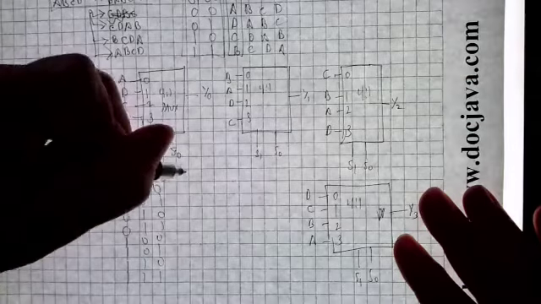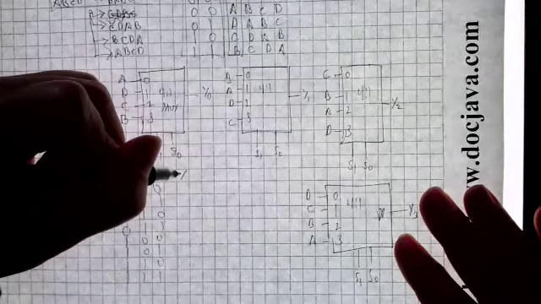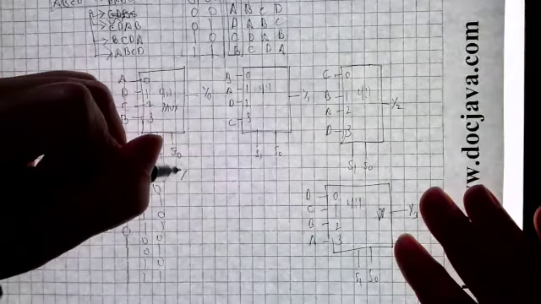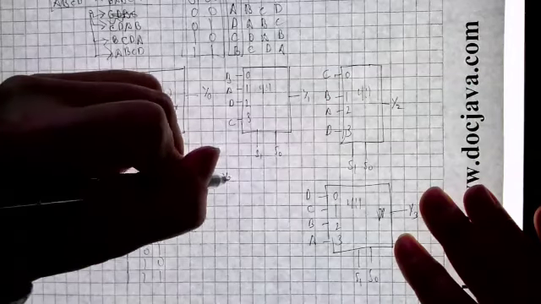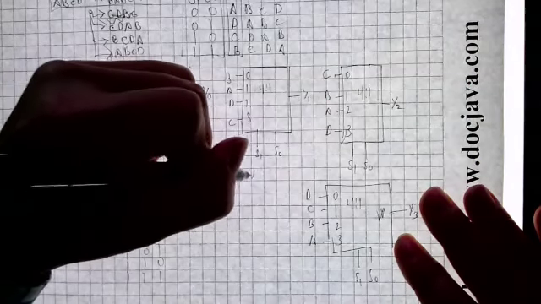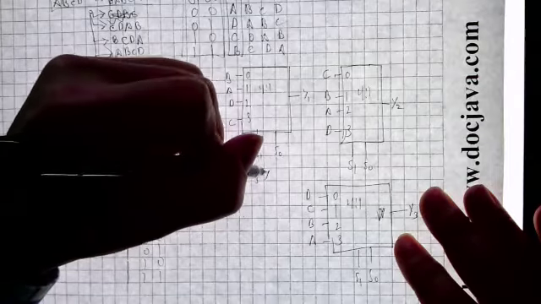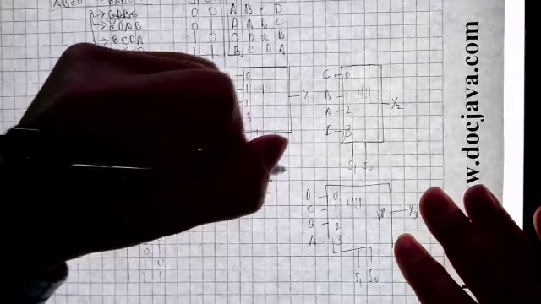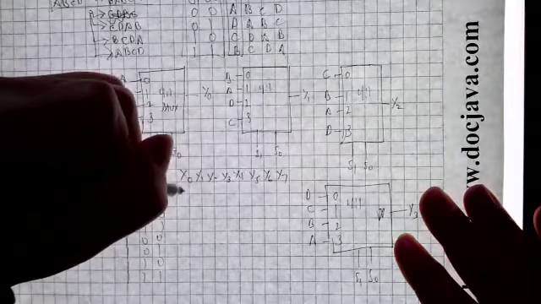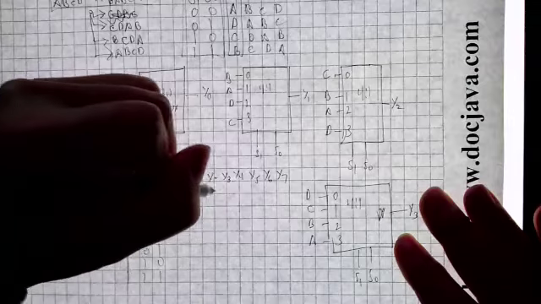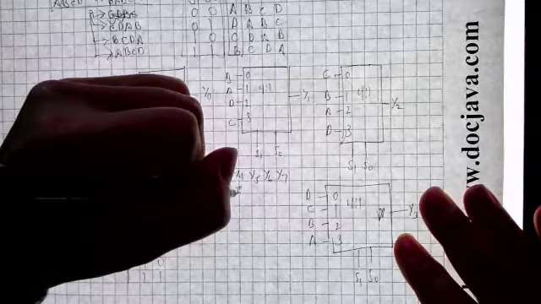And now you have Y0, Y1, Y2, Y3, Y4, Y5. This is why you need 8 of these things. Y6, Y7, right? And then if you don't shift at all, it's going to be A, B, C, D, E, F, G, H.